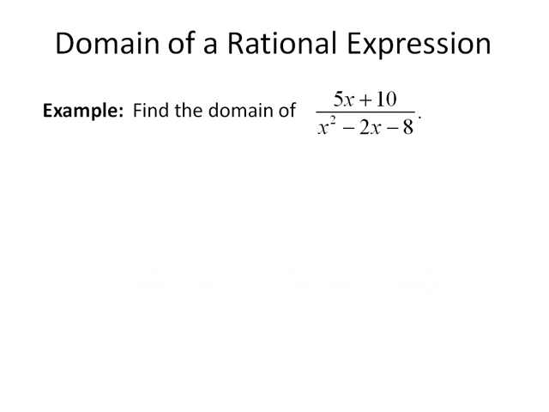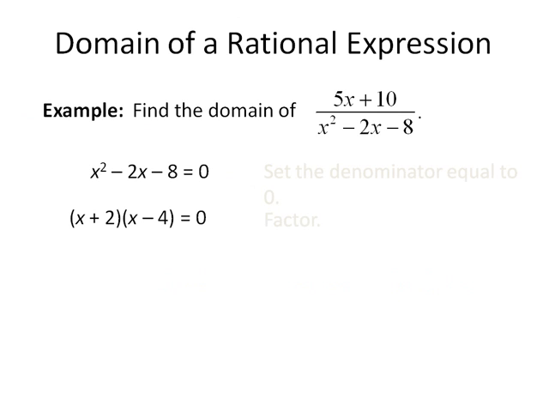How do we find the domain for this expression? We don't want the denominator to be 0. So let me find out what will make the denominator 0. You set the denominator equal to 0, and factor it. What is the answer?